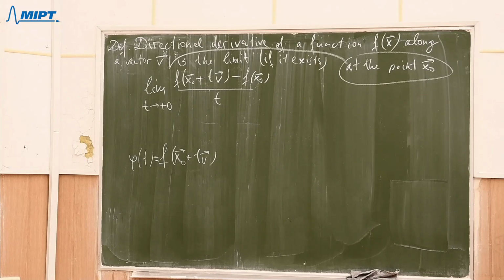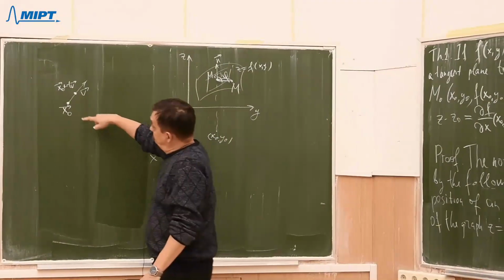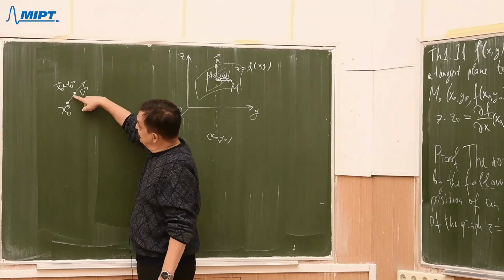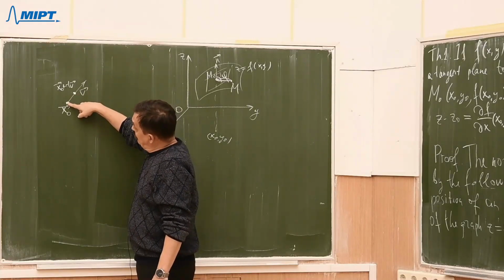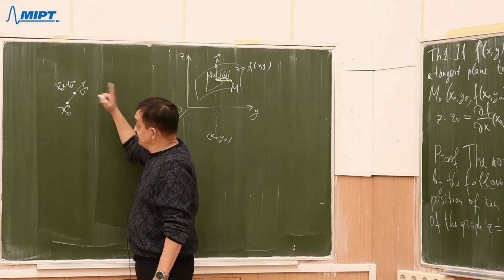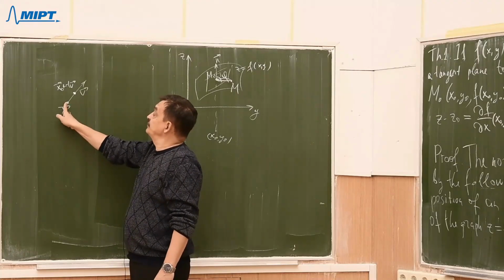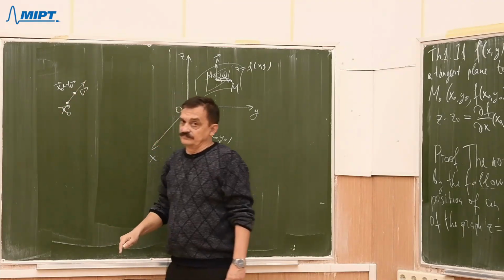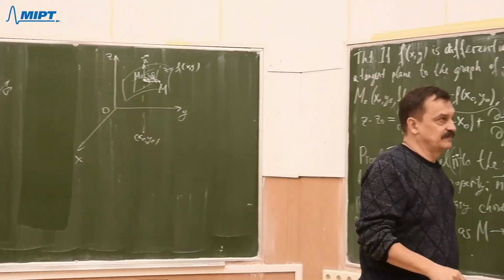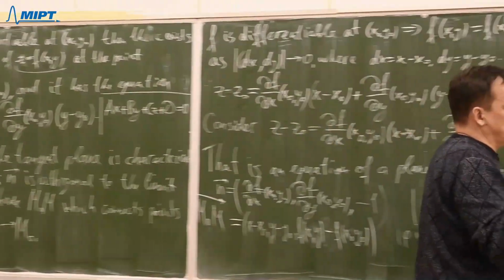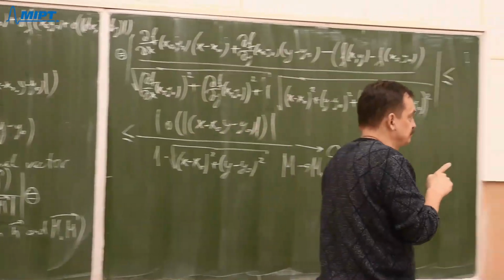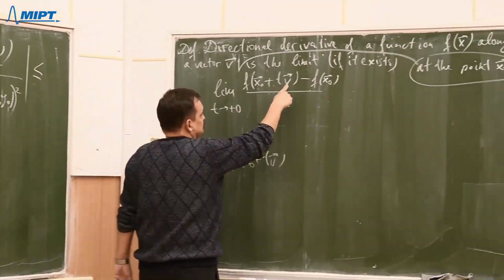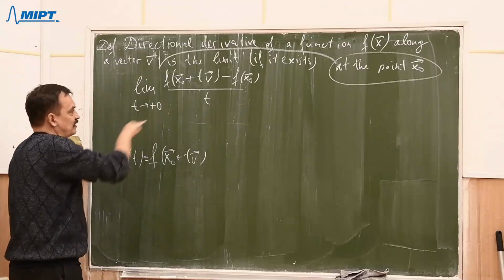In other words, we consider the rate of change of our function f at the point x naught in the direction of the vector v. Instantaneous rate of change in one direction. We have a point x naught and we consider only that direction.